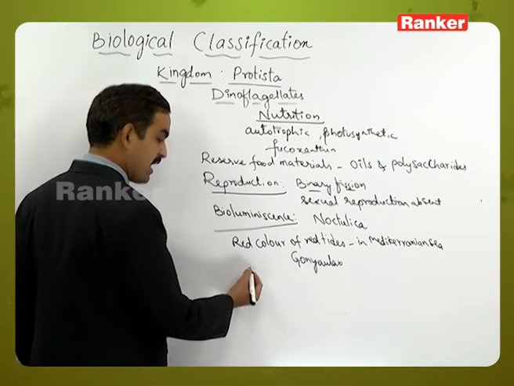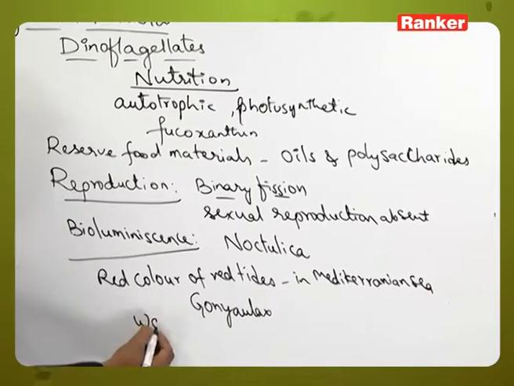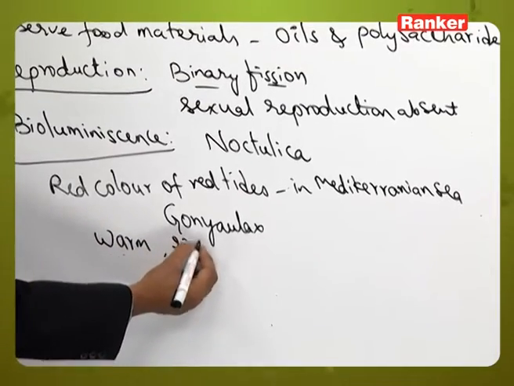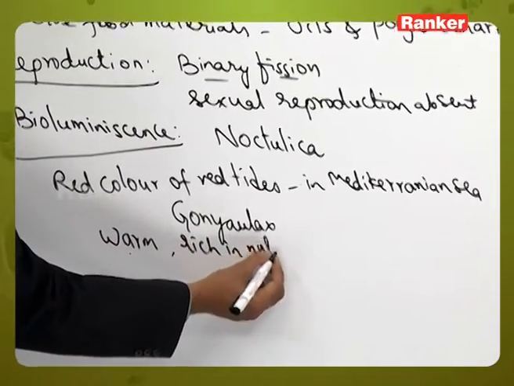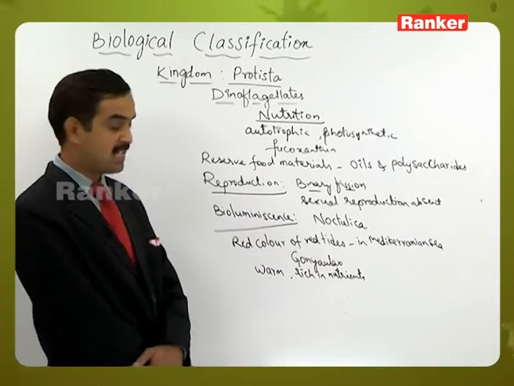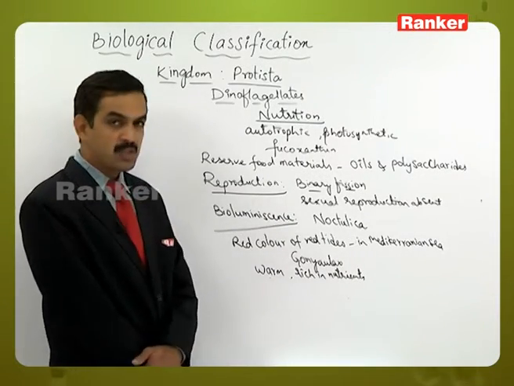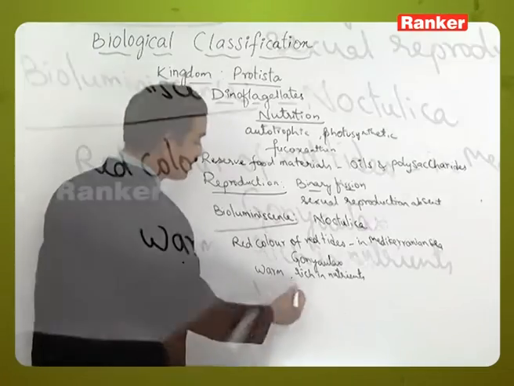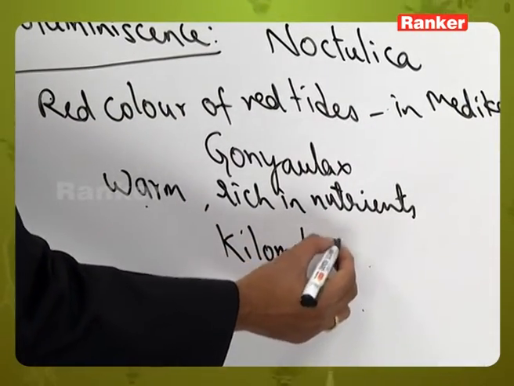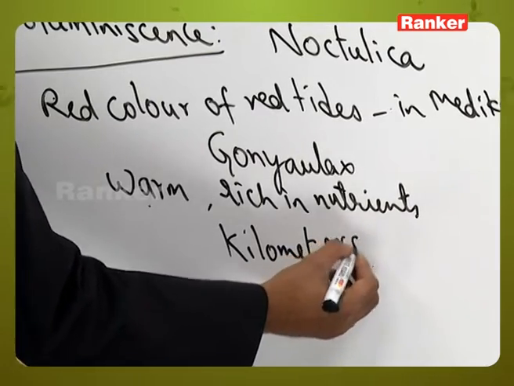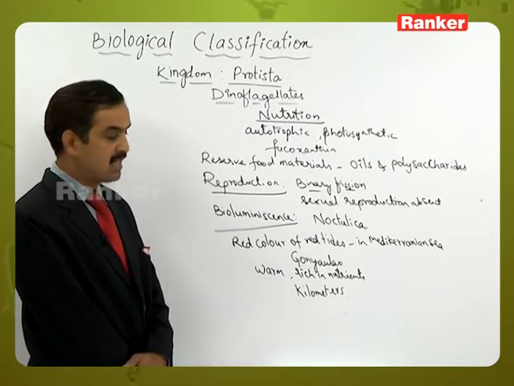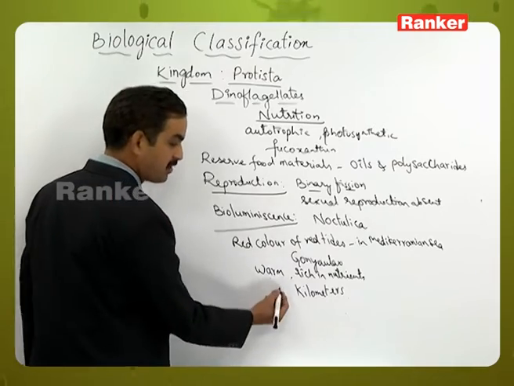They exhibit this nature when the water is warm and rich in nutrients. These are some of the special features, and of course the red color will spread up to some kilometers in the Mediterranean Sea. This forms tide-like structures, and this will kill the fishes also.